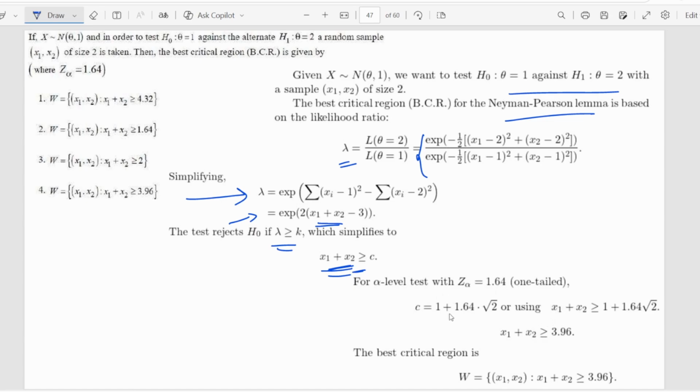we would have x1 plus x2, if you think about it, is going to follow normal with mean 2 theta and variance 2 under the null hypothesis theta is equal to, sorry, 1.